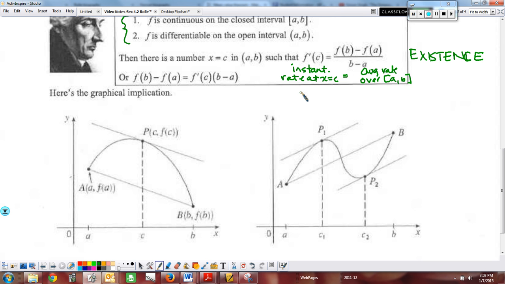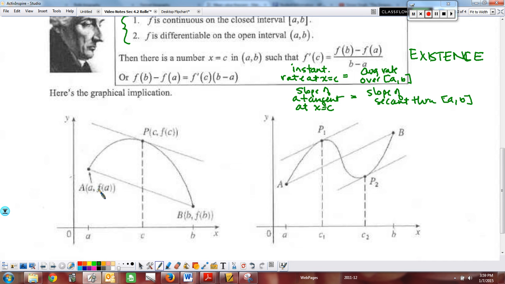We can also think of this as the slope of a tangent at x equal to c, some point in the interval, is the same as the slope of the secant through the endpoints of the interval a to b. The average speed: at some instant, your instantaneous speed equals your average speed.